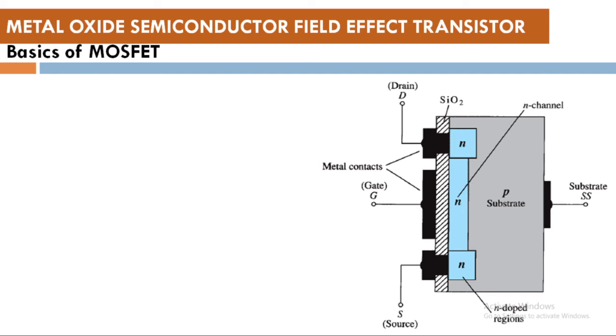The reason behind it is easy. It can be easily fabricated, and it can be fabricated on a very small scale. It has very low power consumption, it is very stable, and the longevity of the device is more compared to transistors.